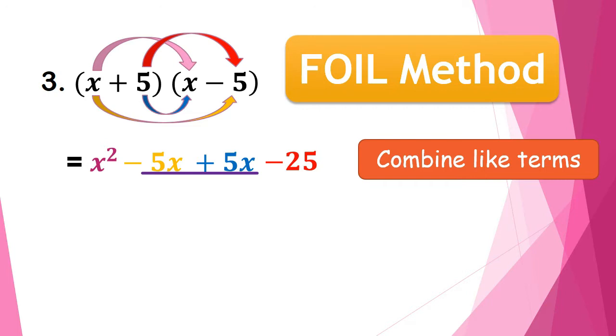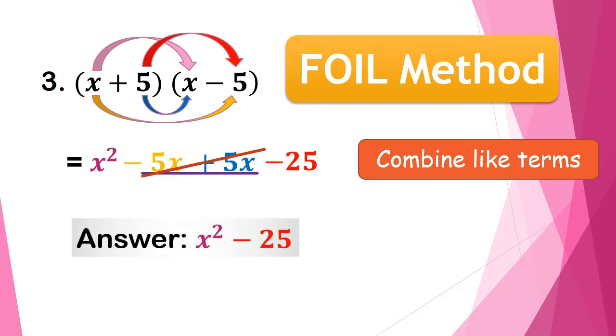Yun nga lang, one of the terms is negative and one is positive. Magkaparehas lang sila, yun nga lang magkaiba yung kanilang sign. So when we combine negative 5x plus 5x, we need to cancel it out. Why? Because it will become equal to 0. Kaya kailangan na natin siyang i-cancel out. Since we cancel out negative 5x plus 5x, the product of example number 3 is x squared minus 25.